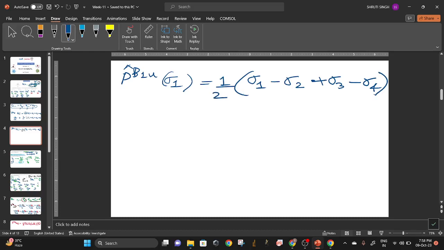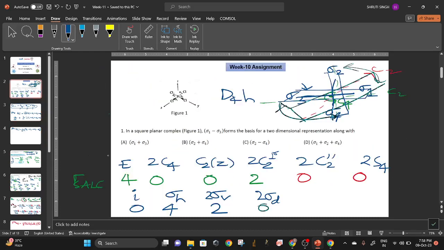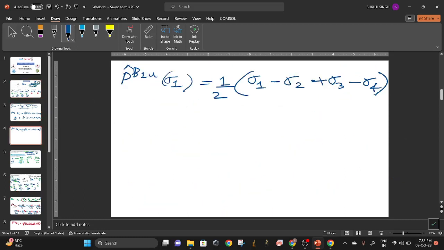How am I calculating these? Just how I did in the previous question. I'm multiplying with the characters of B1u from the character table and checking how sigma 1 is getting transformed under all these operations, under E, under C4, C2, like this.